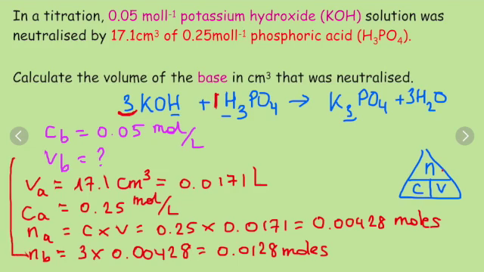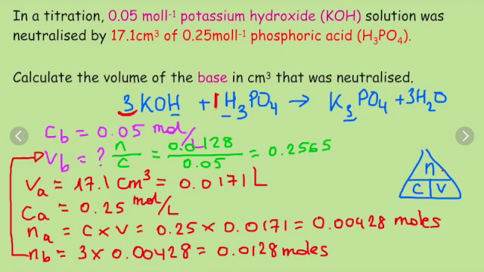This information now can be used here to calculate the volume. So the volume is number of moles divided by concentration. So 0.0128 divided by 0.05. And this gives us 0.2565 liters.